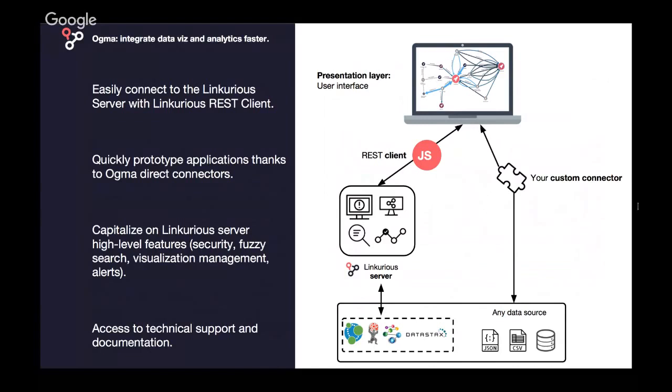So those are the two main ways to give data to Ogma. The custom connector is going to be very fast, and very good for prototyping applications, but it's not necessarily safe. On the other hand, if you use a connection to the Linkurious server, then you can capitalize on the high-level features that we provide.